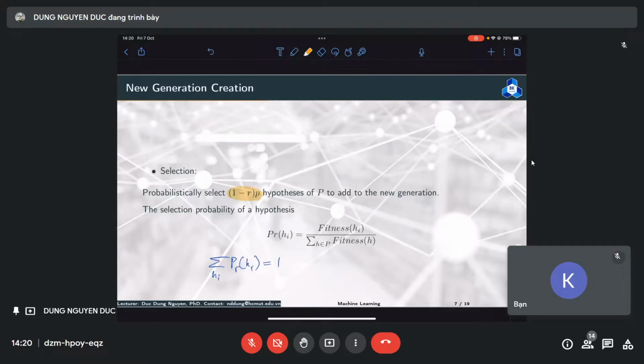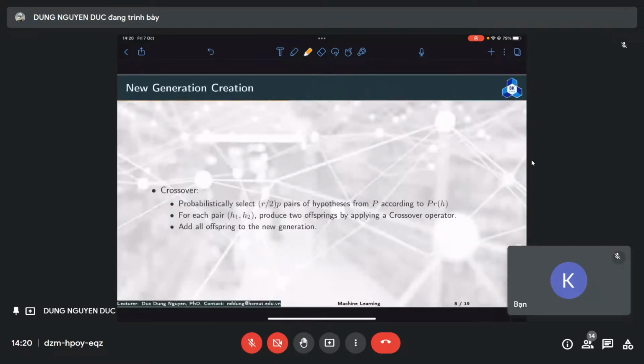Okay, that's the idea. Now for crossover, again, we have to select some pairs, and the number of pairs you are going to choose is r over 2 multiplied by p. This is the number of pairs you have to make, and you pick them according to the probability Pr.